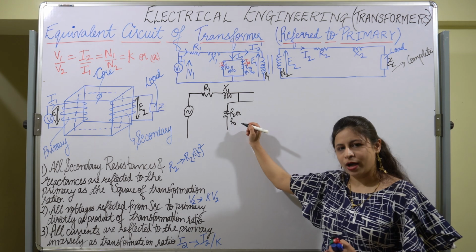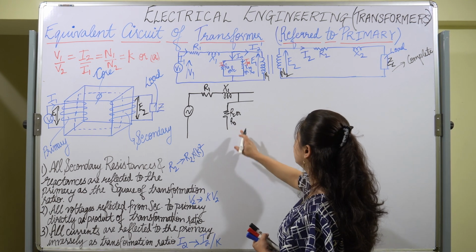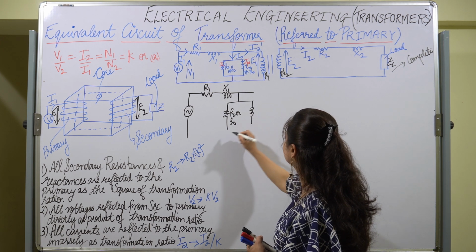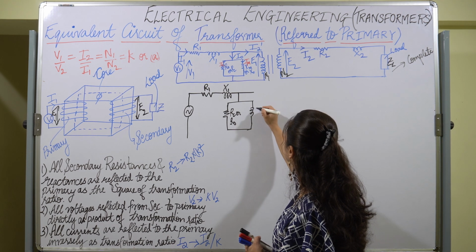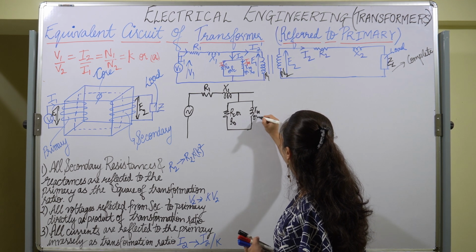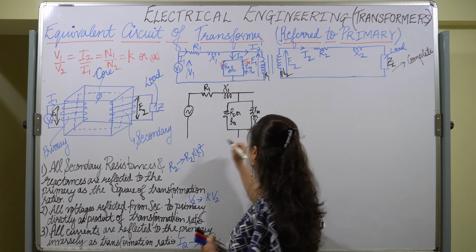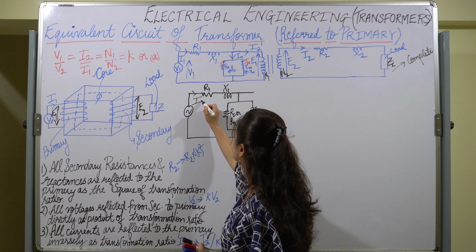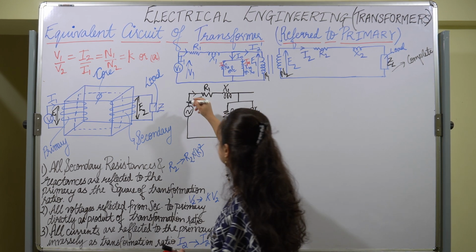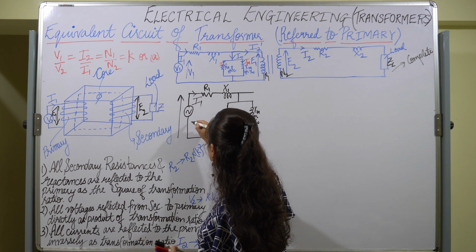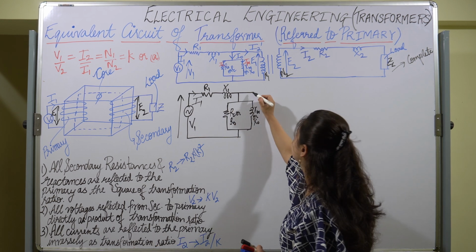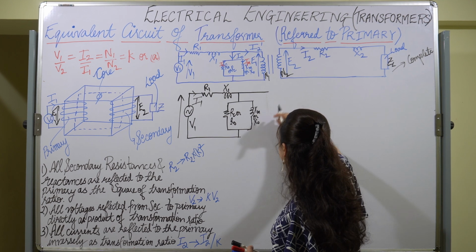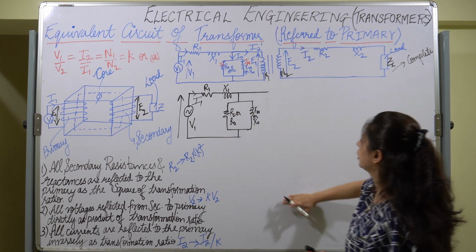In some books it is given by R0, so I have denoted both the variations over here. XM or X0. This is the no load current. Here the primary current I1, the voltage V1. This is the primary, we have to refer it.